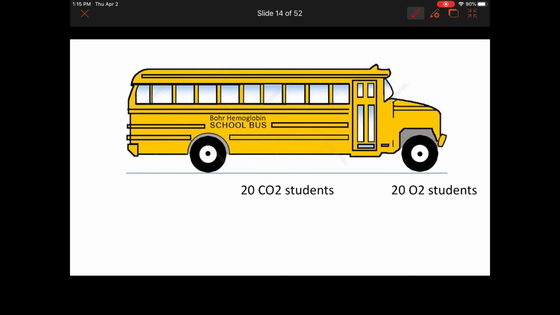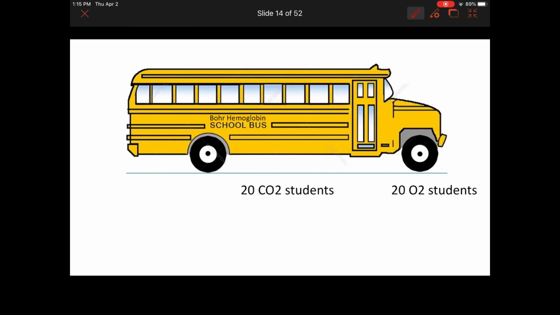Pretend for a moment that this school bus is hemoglobin. On this particular school bus, we have 20 seats for 20 students.